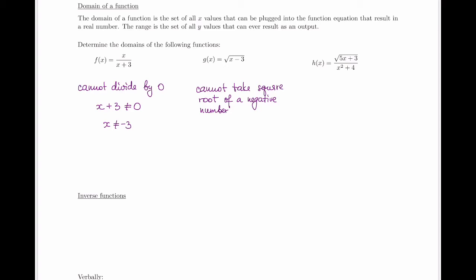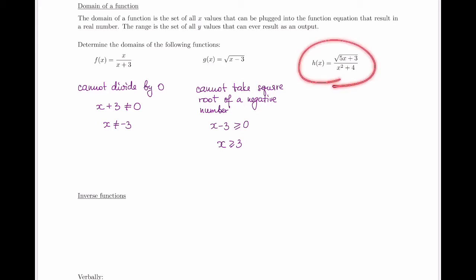Now we can take a square root of 0. Square root of 0 is just 0. So that means that x minus 3, which is the thing under the square root here, has to be greater or equal to 0. It is allowed to be 0 because once again the square root of 0 is 0. Solving for x, we have that x has to be greater or equal to 3.